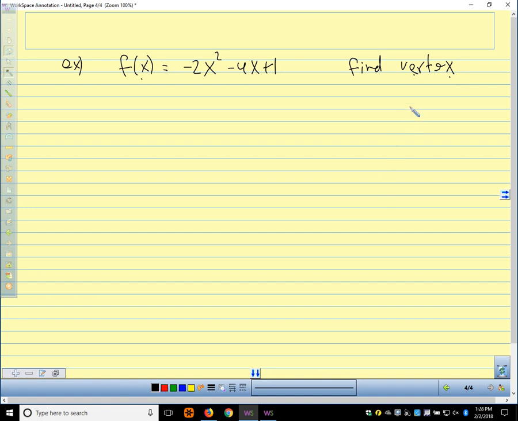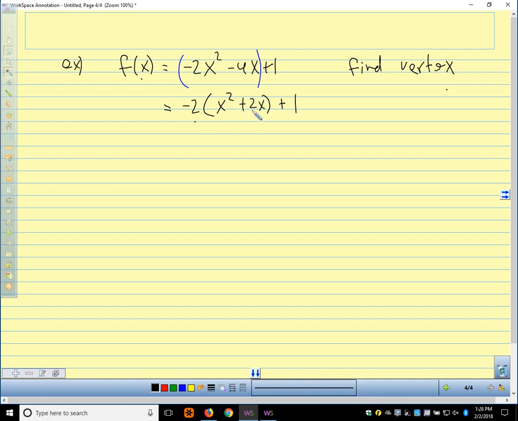All right. We want to find the vertex. We're going to complete the square on this portion. But what's going on here is we have that leading coefficient of negative 2. So I'm going to factor that negative 2 out of this set of parentheses: negative 2 times x squared plus 2x plus 1.